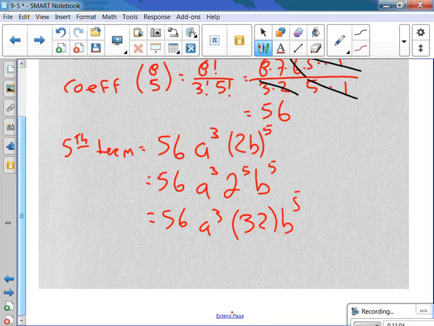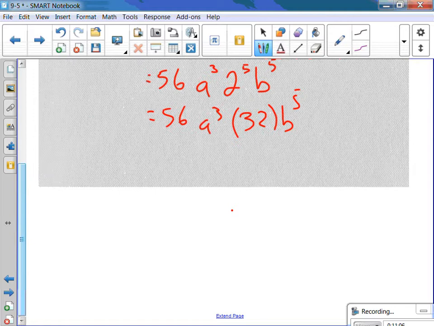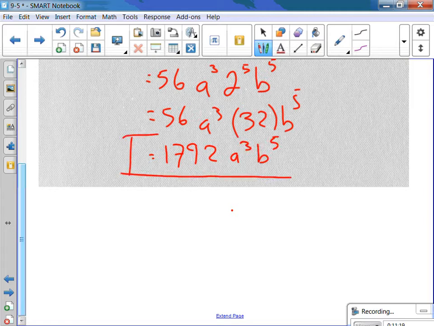So now our 32 times 56, giving us 1,792, which I know all of you did in your head. So here that fifth term would be 1,792 a to the third, b to the fifth.